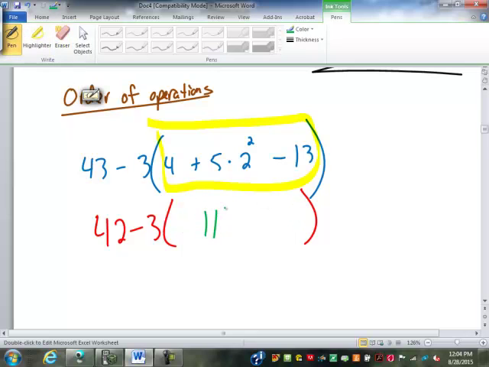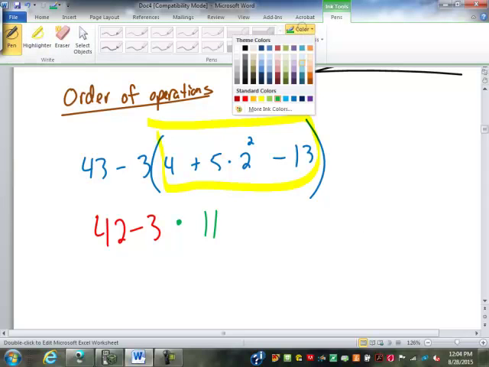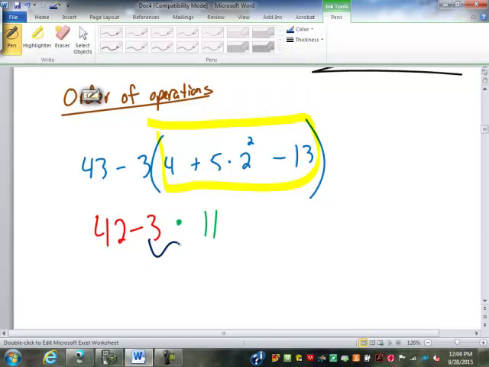Now what? Perfect. We've reduced the parentheses to a single number, so I can take them out. But there's a 3 in front of the parentheses with no symbol, so that's going to become multiplication. So now I take out my parentheses, and it's 3 times what was in the parentheses. So now that's going to be 3 times 11 is 33, and 42 minus 33 is 9.